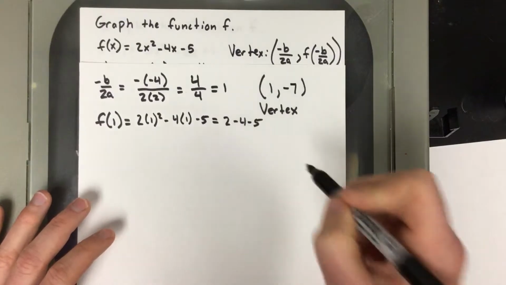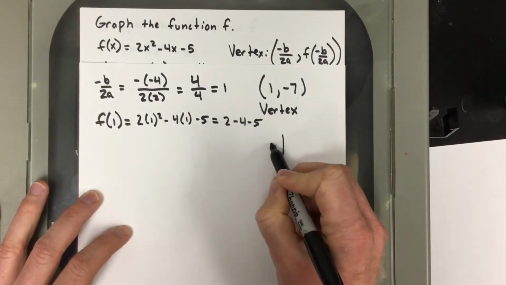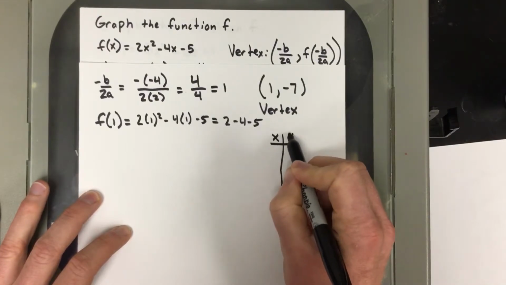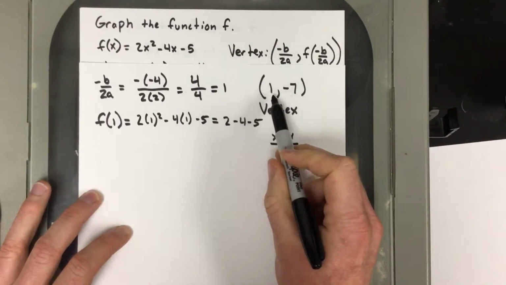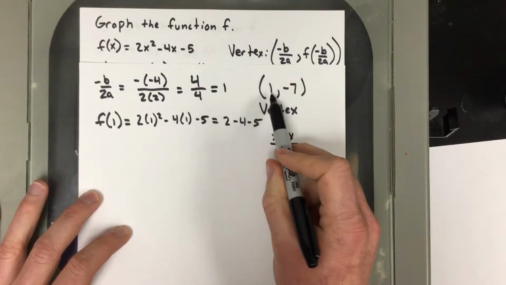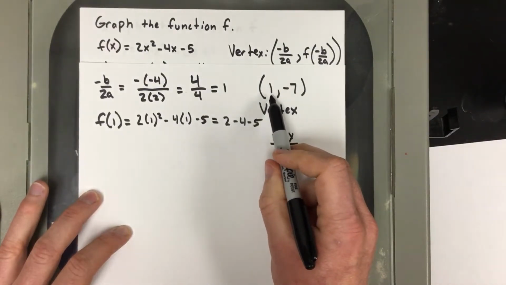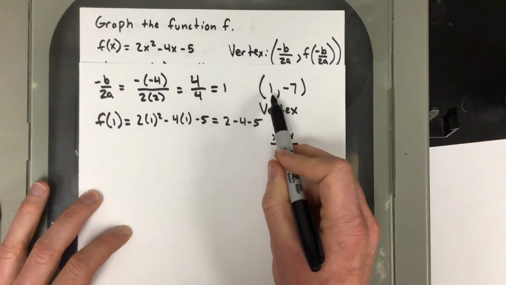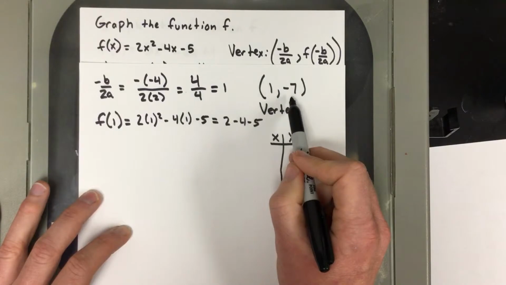Now we need to find some more points so we can actually graph this. So what I'm going to do is make a t-chart, x, y, and I'm going to pick some points. Because this is my vertex, I know that it's going to be symmetrical about this. Remember, the axis of symmetry is going to be 1. So I'm going to pick a coordinate that's 2 smaller than this, and a coordinate that's 2 bigger than this.